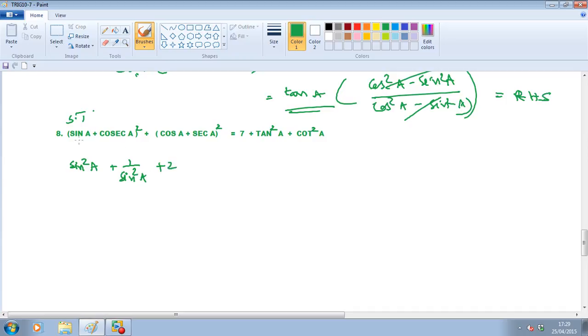What is 2? It is 2 multiplied by sin multiplied by cosecant. Sin multiplied by cosecant becomes 1, then it becomes 2. Sin multiplied by cosecant is equal to 1. So that is like A square plus B square plus 2AB, and 2AB is equal to 1.